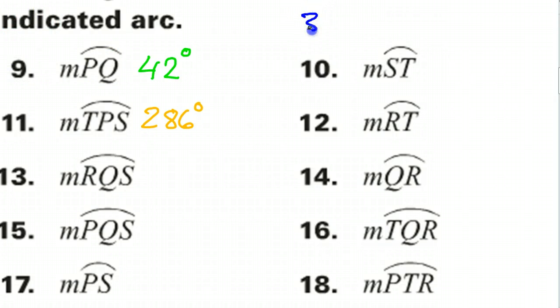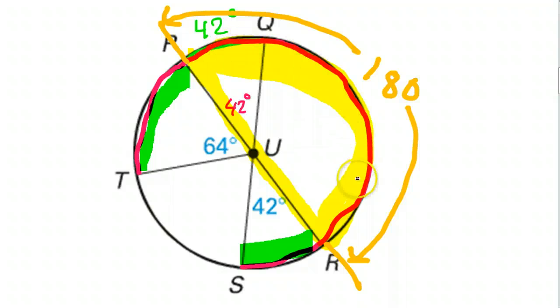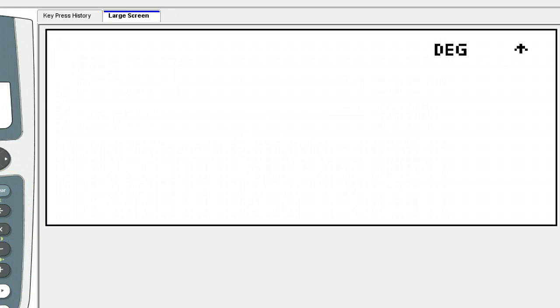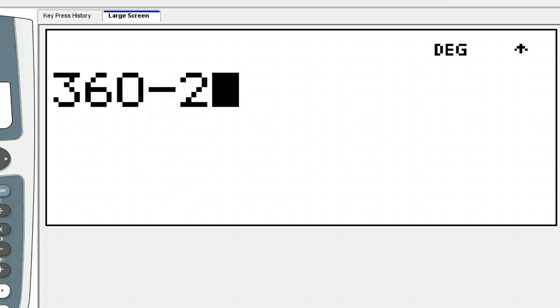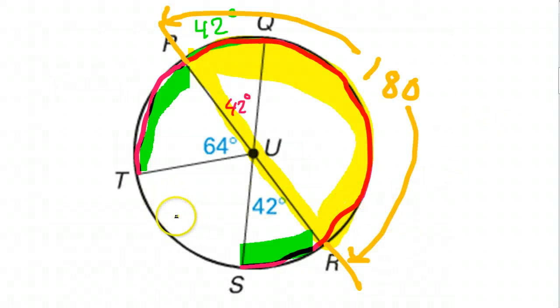If I take the whole circle of 360 and subtract the 286, that should leave arc ST. If this whole pink arc is 286, then this little bit should be the whole circle minus this big old pink arc. Alright, so that is 74 degrees.